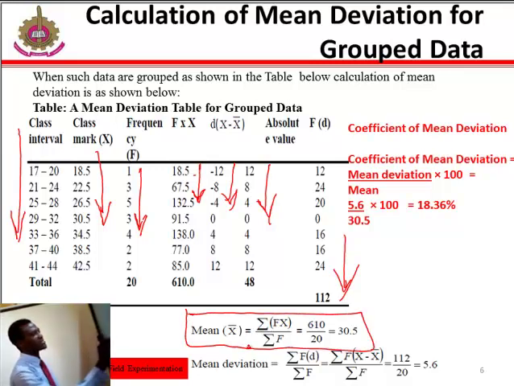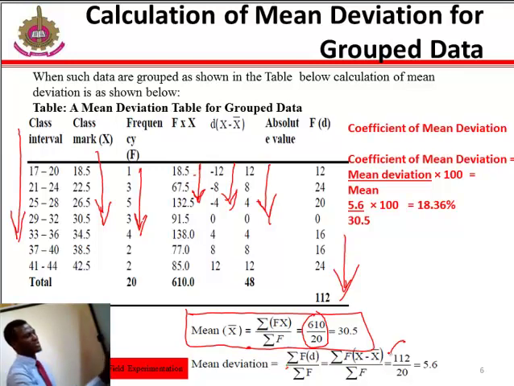Our mean here is 30.5 using this formula. It is just a matter of substituting the values here. We know our summation f, then we substitute the values. That is 650 divided by 20. Then we have 30.5. Then our mean deviation here will be summation f d, that is the frequency multiplied by the absolute values, all over summation f.